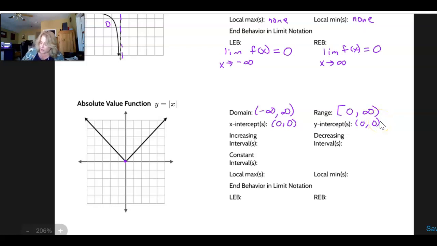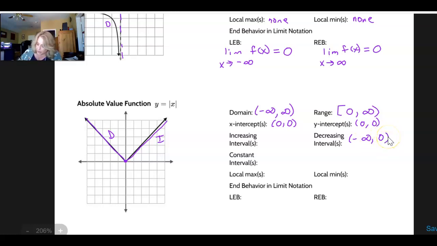And then we have to talk about, as we go from left to right on the graph, what's happening. As we go from left to right here, it's decreasing. But as we go from left to right here, it's increasing. So we have to label that according to x. It starts at negative infinity on the x-axis, up to 0. So the decreasing interval is negative infinity up to 0.